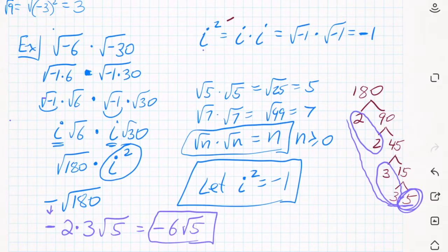So I kind of use this example to go through a few things: pulling out the negatives as i, multiplying things together, getting i squared, and showing you i squared is equal to -1, and also showing you how to break down a radical. So I kind of covered 3 things in one ugly example.